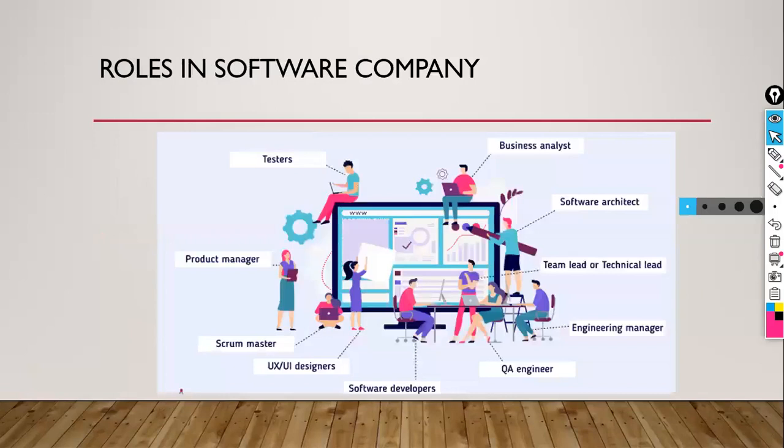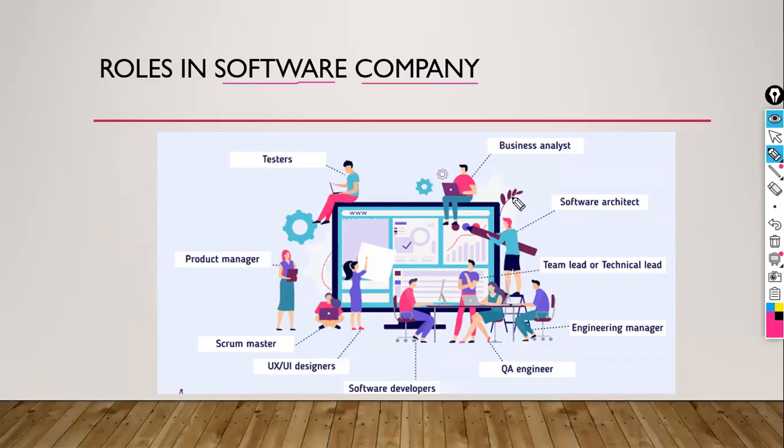Coming to the next slide, the next slide is roles in a software company. Now we know what a software company is going to do: they develop applications or software based on the type of the company. In a software company, what are the different roles?